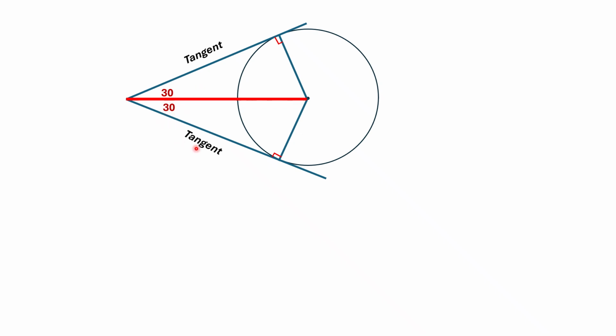This is important. Last part of this angle is these two lines here should be equal from this point of intersection to the point of touching the circle. They are equal. So if this one is 10, this one is also 10, and so on.